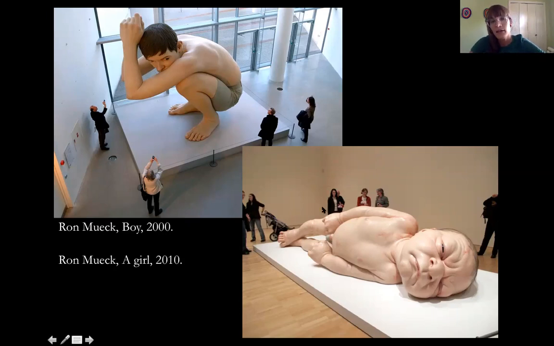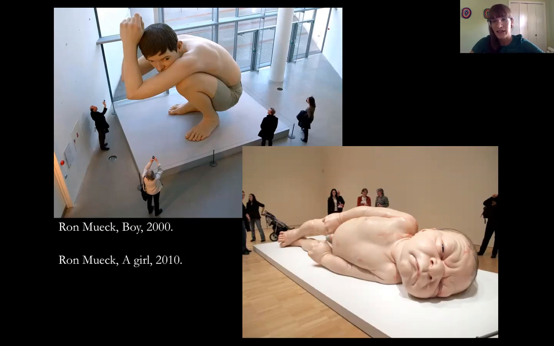And then here we have a giant baby, and some of you might think this looks rather grotesque. If you've had a baby, you probably know that this is actually how babies look right out of the womb. They're swollen. They just went through the birth canal usually, so they don't look great. They've been stuck sometimes in the birth canal.